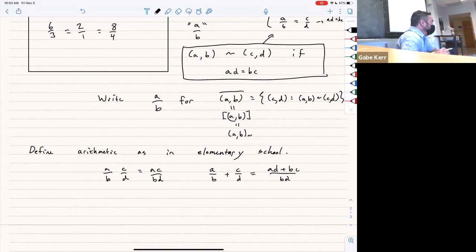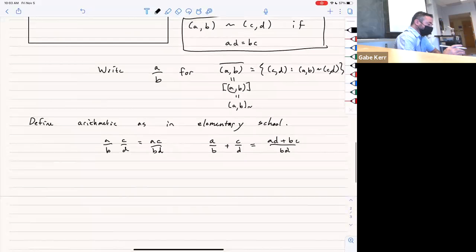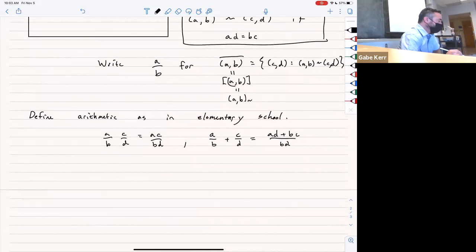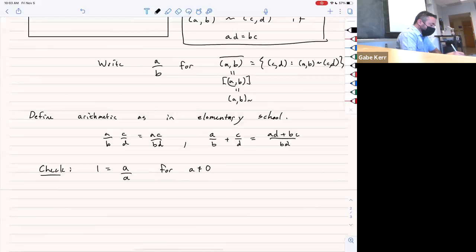These you can check, and I'm not going to, but you can check that they satisfy all the ring axioms, associativity, so on. Distributive property, everything works as expected. And you can check the unit 1 will be equal to A over A for any A not equal to 0.